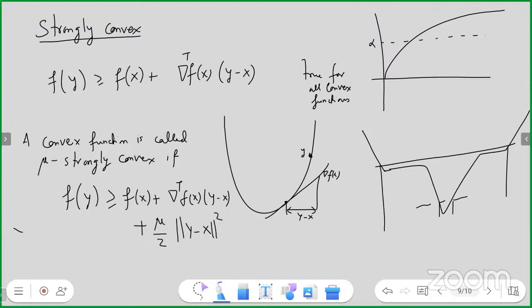But at least keep in mind, the book surprisingly doesn't talk much about strongly convex functions. There are other books which do, which worry a lot about strongly convex functions. This particular book doesn't seem to pay enough attention to that. But it's very important. It has a very nice interpretation, this way or this way.